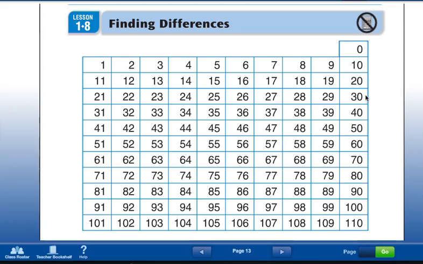So basically what I'm trying to say is that every column, if you were to go up, so if you were to go from 20 to 10, you would be going by 10 because they're grouped by tens. And it's the same thing across here, 1, 2, 3, 4, 5, 6, 7, 8, 9, 10. So each row has 10 numbers in it. You can see 10, 20, so we're adding on 10 every time as we go down.